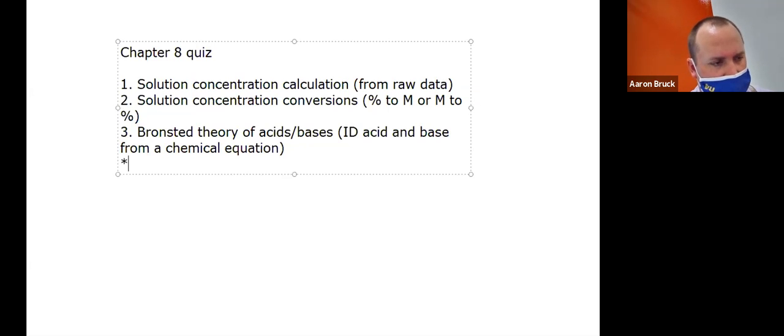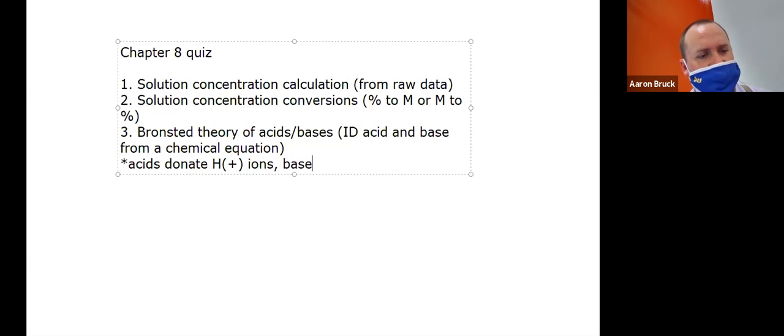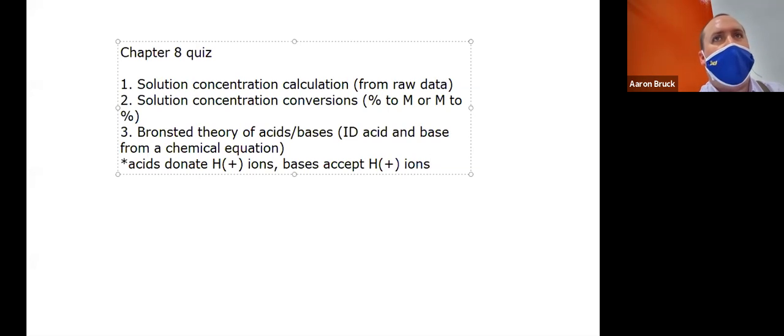If you don't recall, acids donate H plus ions, bases accept H plus ions. And so that's how we can tell them apart from each other.